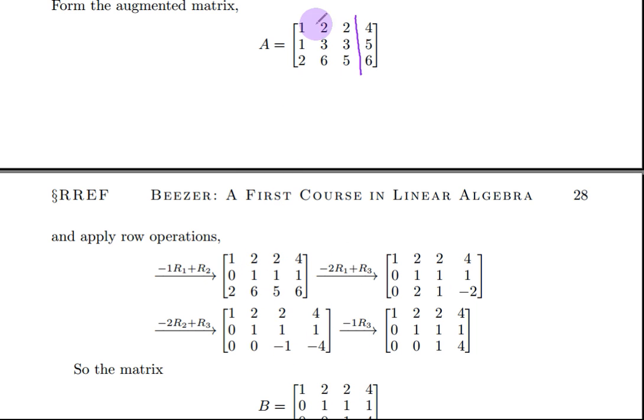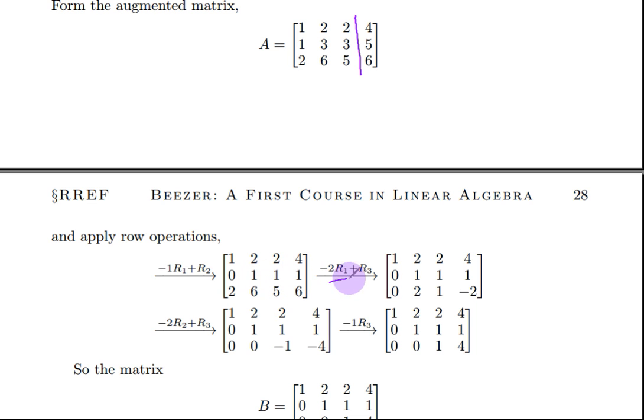If you take this matrix and you take minus 1 times the first row plus the second row and replace the second row with the result, let's just do a couple of these. If we take minus 1 times 1 plus 1, we get 0. If we take minus 1 times 2 plus 3, we get 1. And you can check the rest of the entries here.